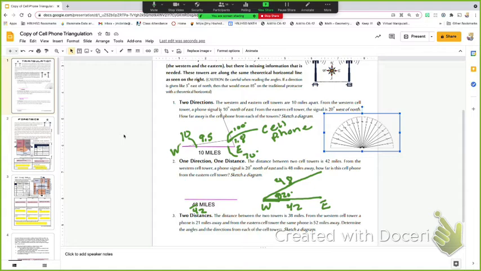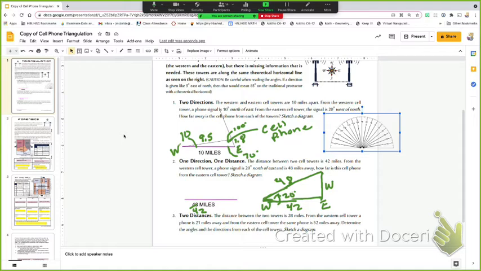Okay. So my arrow got a little messy here, so let me fix it up. So that angle is 20 degrees. That's 20 degrees north of due east. Now the question is, how far is the cell phone tower from the eastern tower? So what we're looking for is this.